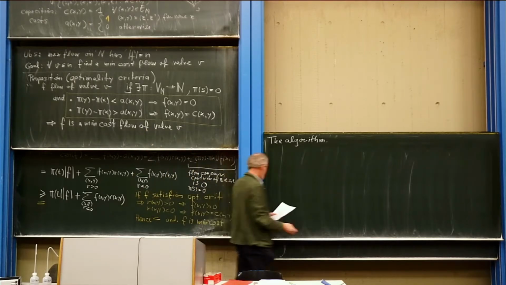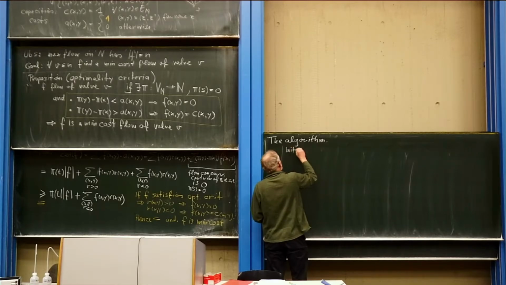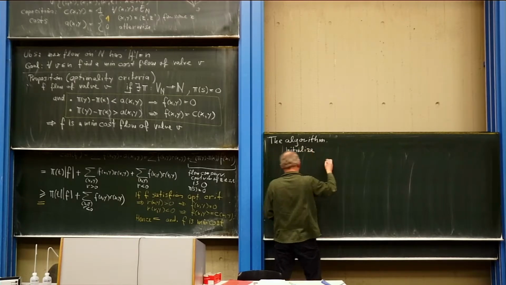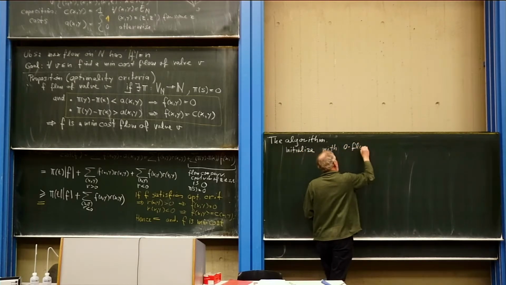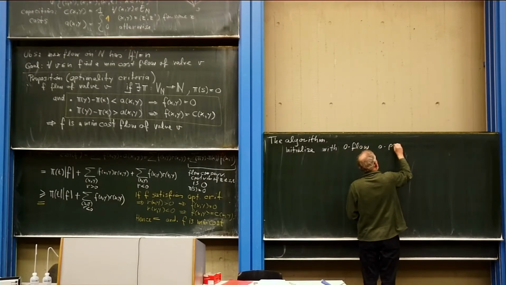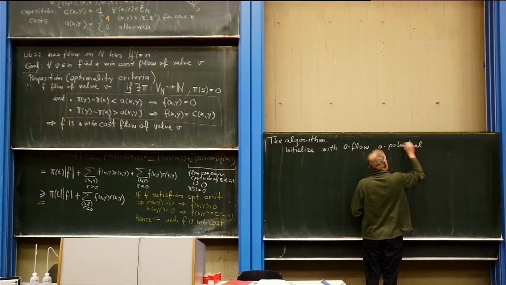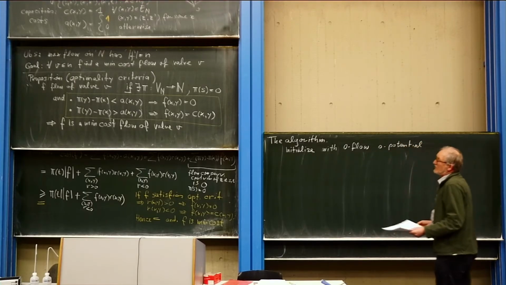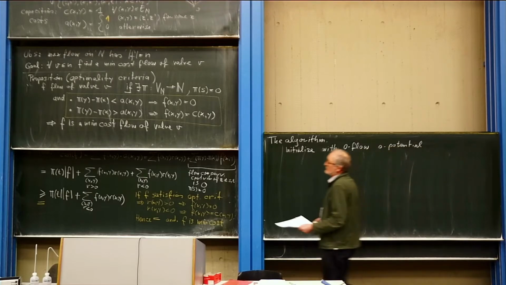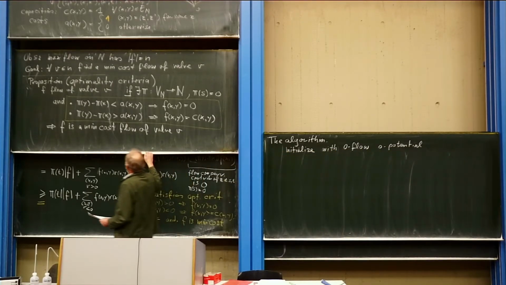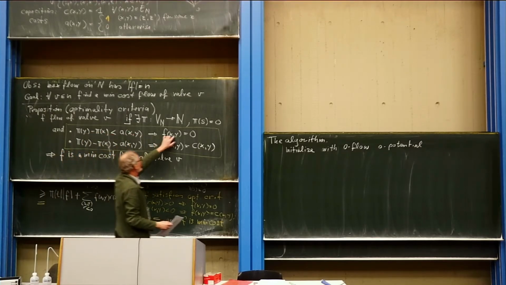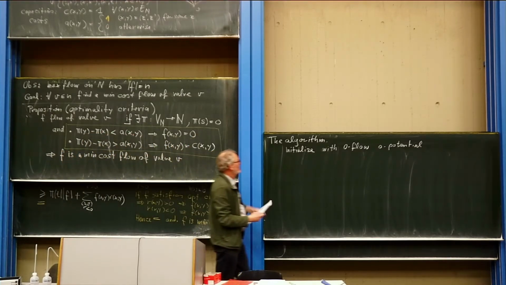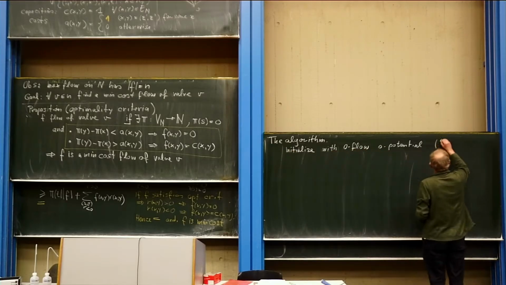And so you initialize with zero flow and the zero potential, and so the potential difference is always 0. We can be in this position, but then the flow is 0, so it's fine. It's an optimal pair.